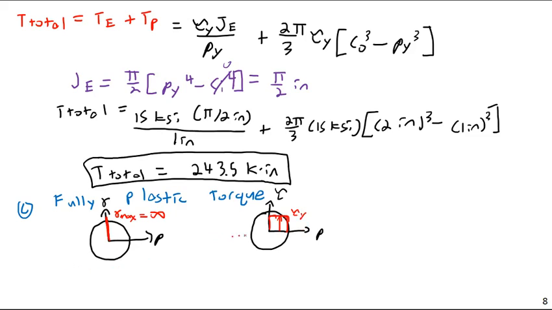So here, to work with these equations, I can then say T fully plastic is basically equal just to T plastic. It's the same formula as earlier, except I'm leaving out the T elastic because there's no more elastic region here. So 2 pi over 3 times tau yield times C outer to the third minus rho yield to the third.